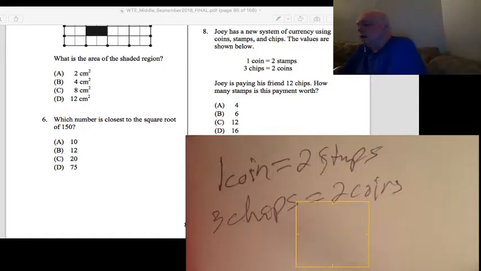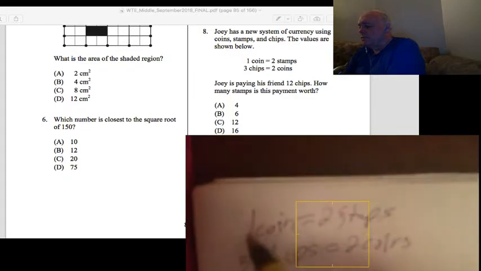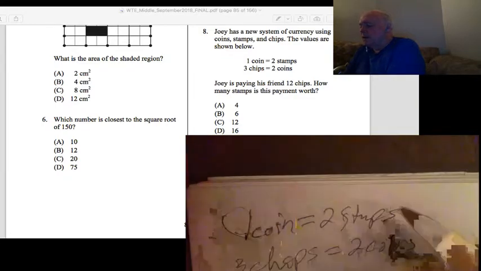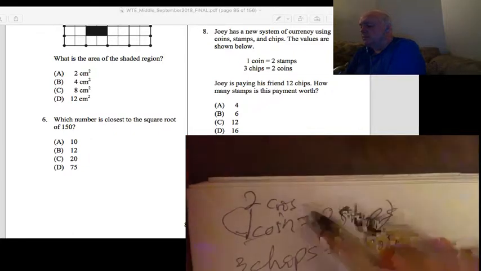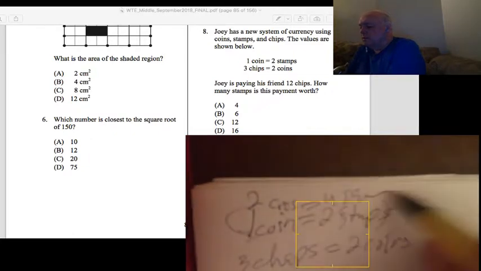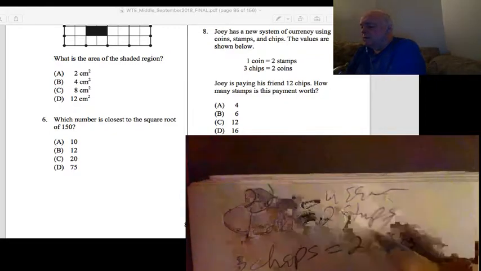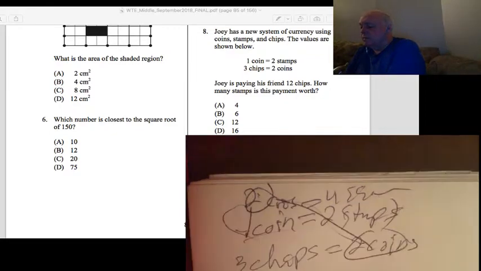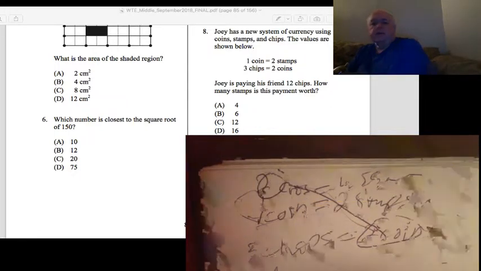So what we need to do is try to make all these equivalent somehow. We notice here that if we multiply this whole line by 2, we get 2 coins equals 4 stamps. And we can write that all together now because this and this match up. So we can write 3 chips equals 2 coins equals 4 stamps. Okay?